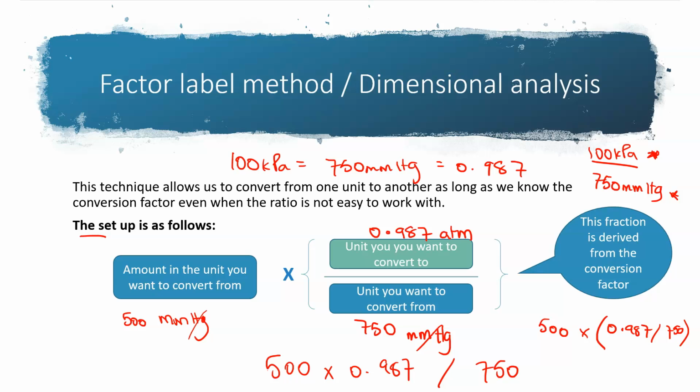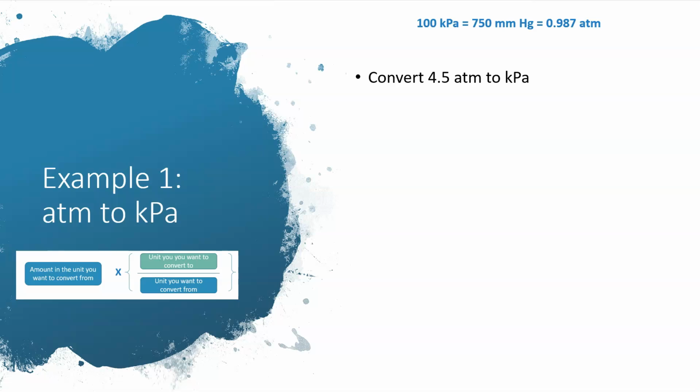Okay, let's look at this in practice and see what it looks like with a few examples. In this one, we want to convert from atmospheres to kilopascals. So I'm going to put my 4.5 atmospheres, and then I'm going to multiply by my conversion factor. I want to have the one that I want to go to on top, so I'm going to take my kilopascals, 100 kPa from my conversion factor in the data booklet, and that is going to be over the top of 0.987 atmospheres.